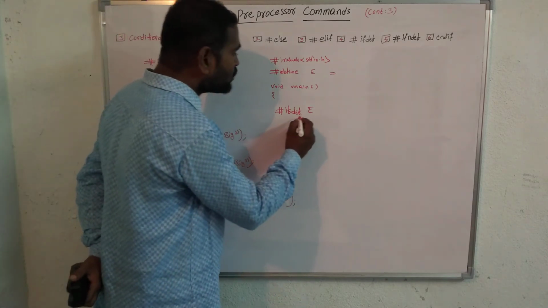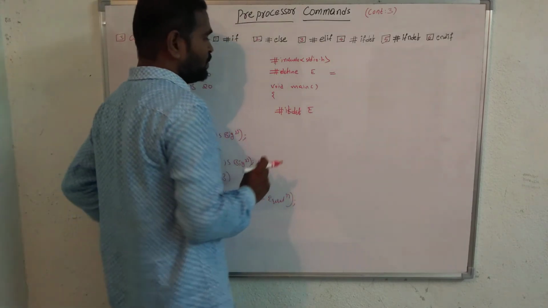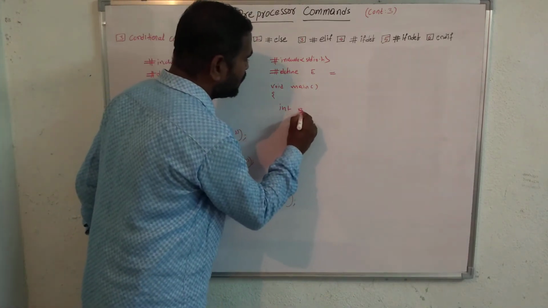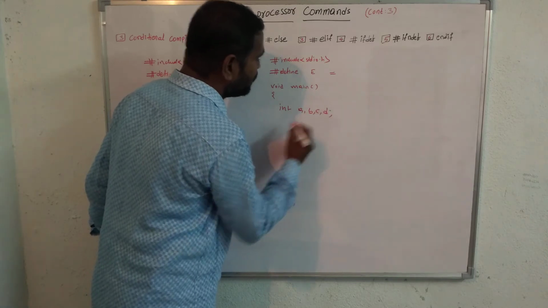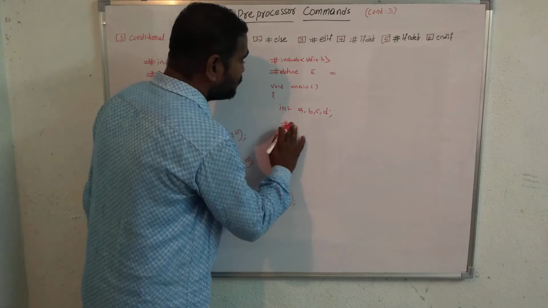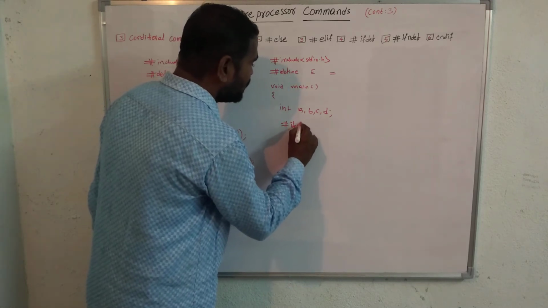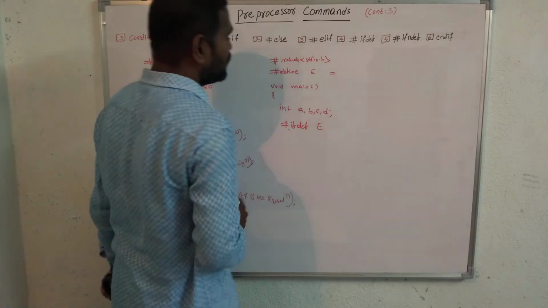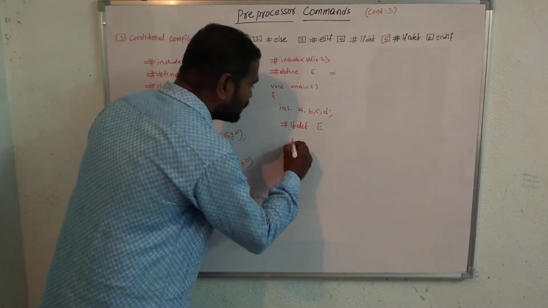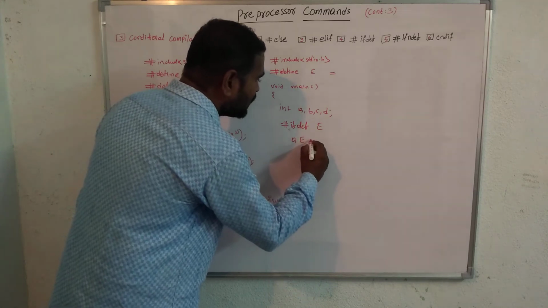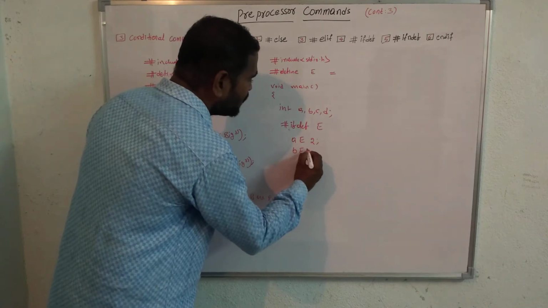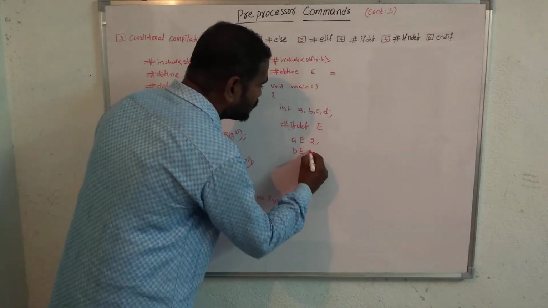Okay, so sorry, I will take some integer variables a, b, c, d. Now #define E, #ifdef E. If you define E, then a equal to 2, then b is equal to 3.